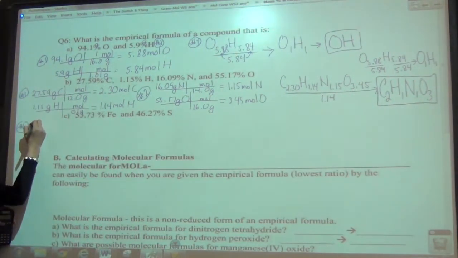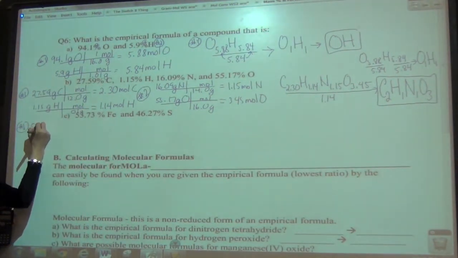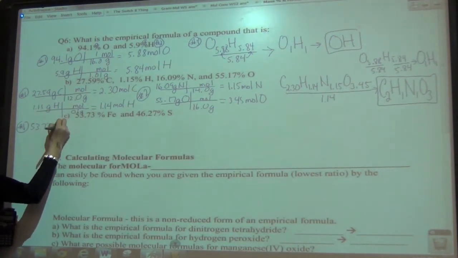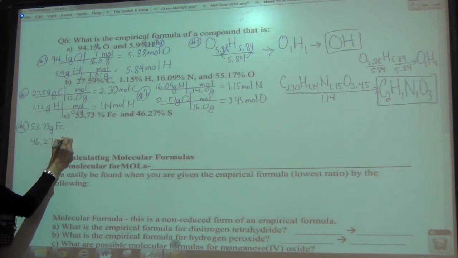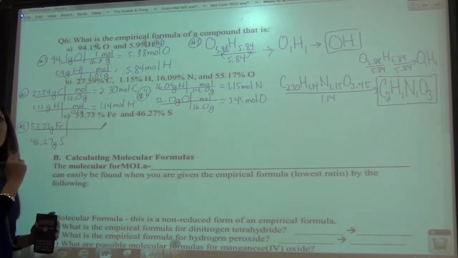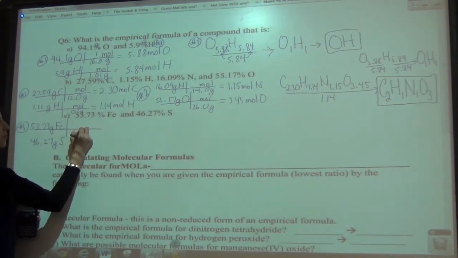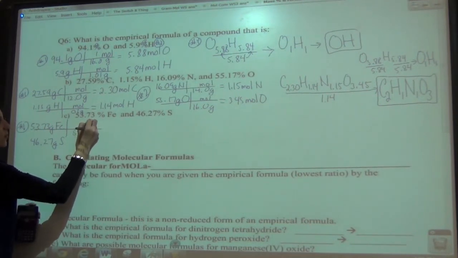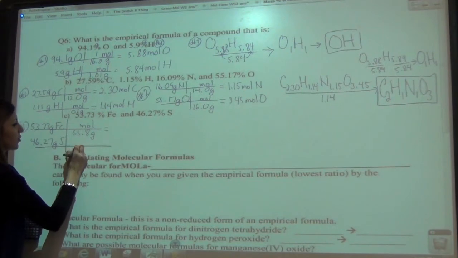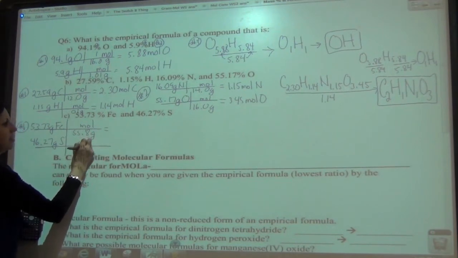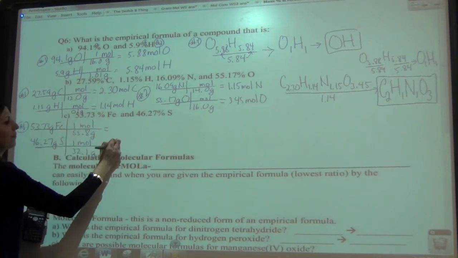So here I've got 53.73 grams of Fe and then 46.27 grams of sulfur. Right, so iron is 55.8 grams for every 1 mole, and sulfur is 32.1 grams for every 1 mole.